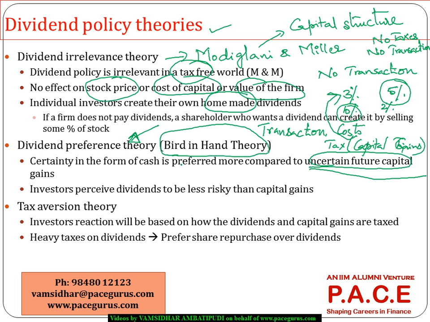So there is this theory saying it's better to have the dividend more now rather than pushing something for the future. And the third theory is the tax aversion theory, which is simply saying investors will react based on how they are taxed. Out of the profit the company is getting, we are talking of dividends as well as retained earnings.